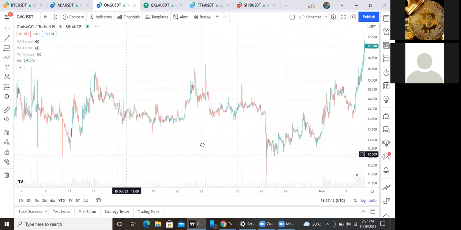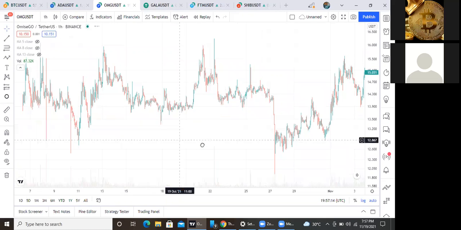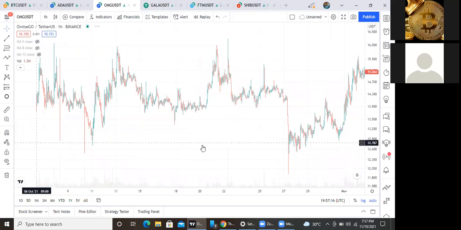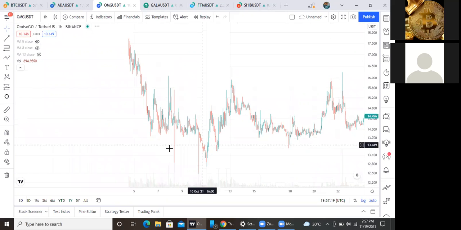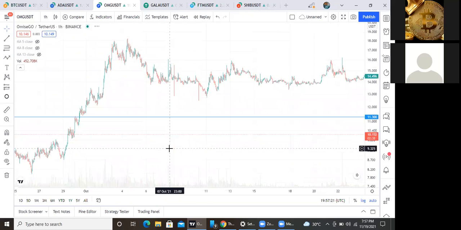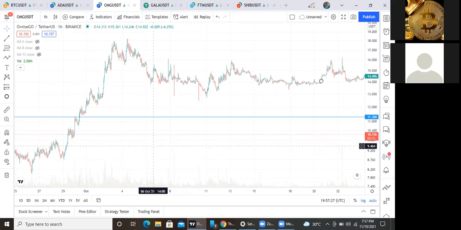Remember, it's a continuation pattern. If it's in the context of a downtrend, you're expecting to see a bearish pennant. If you're calling it in an uptrend, you're expecting to see a bullish pennant.